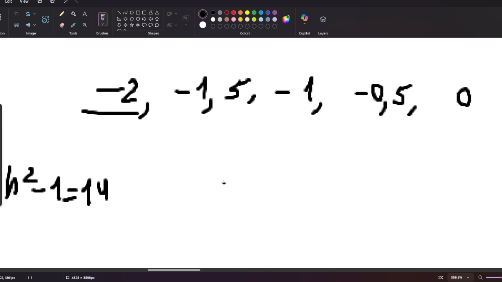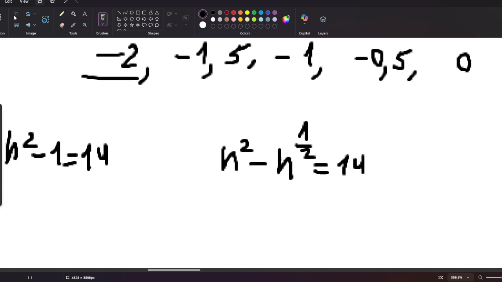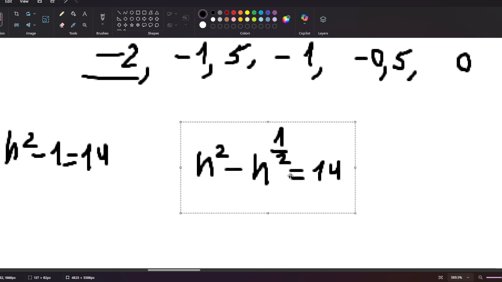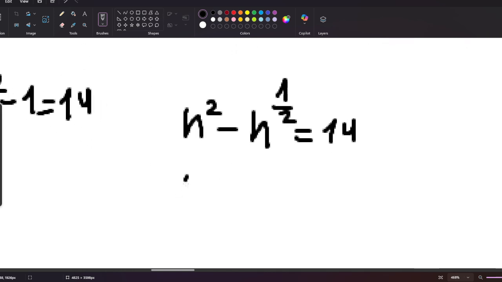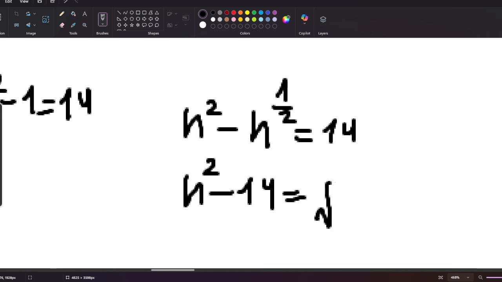Let's continue. N squared minus n to the power of 1 over 2 equals 14. Now let's say that is going to be n squared minus 14 equals square root of n.